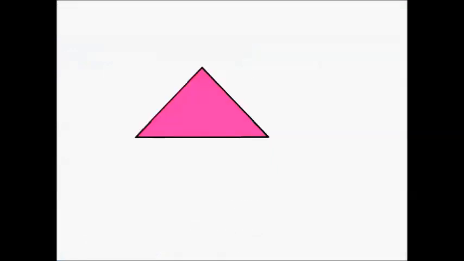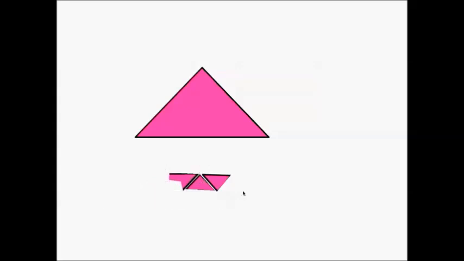Maybe this will help you to see it. I've got a triangle here, and I cut out 1, 2, 3 of its angles. I'm going to put them together vertex to vertex so that you can see what it looks like when I put these three interior angles together.